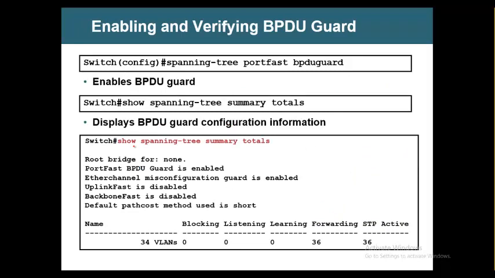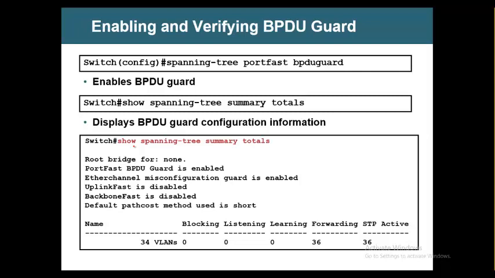This is the command to enable BPDU guard. You see, in the global mode, you type spanning-tree portfast bpduguard default. Port fast and BPDU guard work together. So all the access ports will now be enabled with BPDU guard. You don't need to go under the interface and do it.